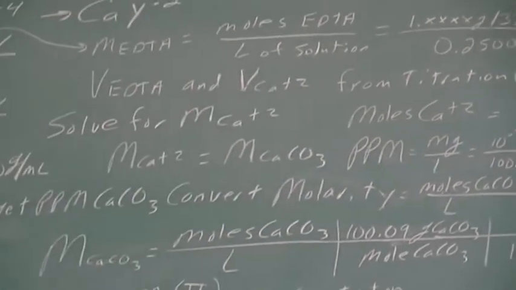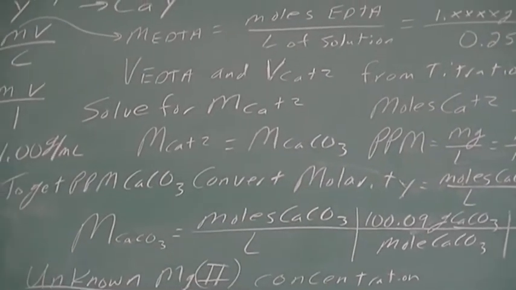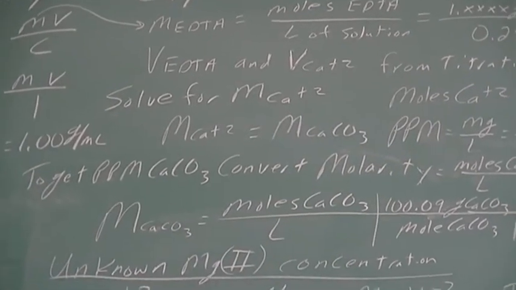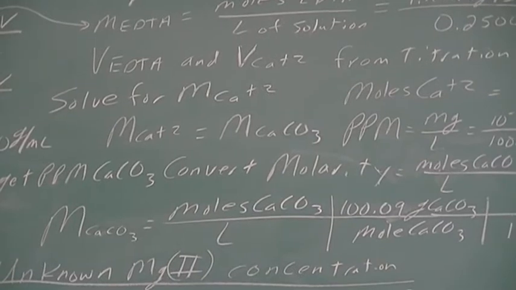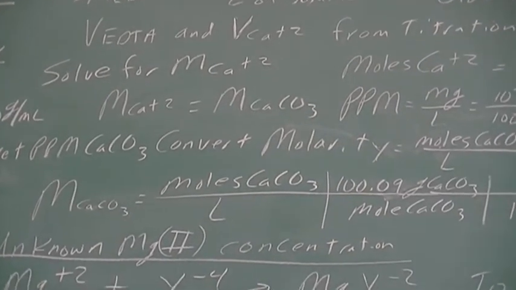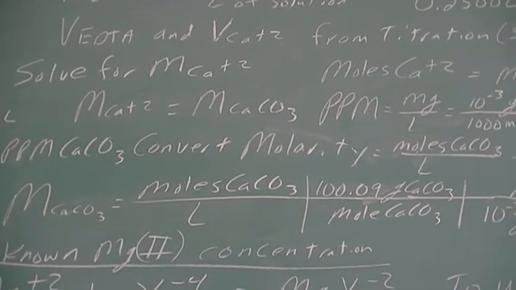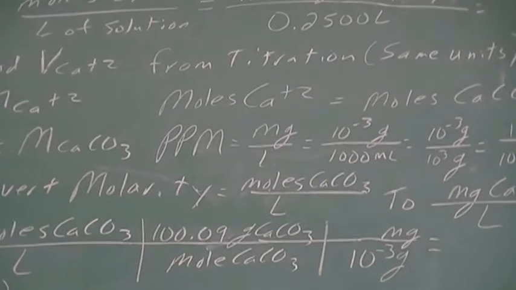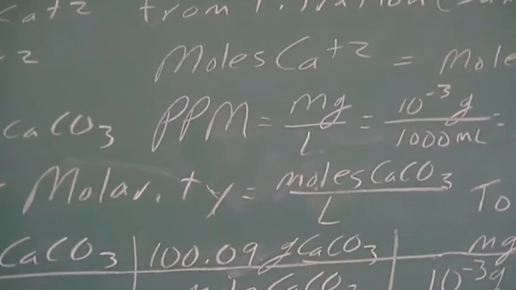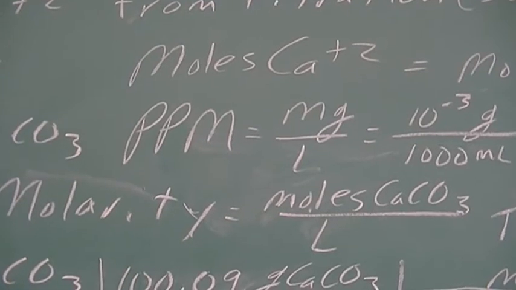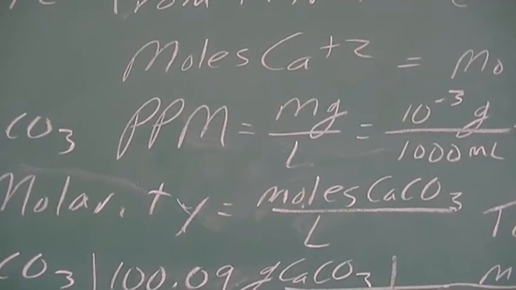And so if your moles of calcium plus 2 equal the moles of calcium carbonate, the molarity that you found for calcium plus 2 is also the molarity of your calcium carbonate. Now the question is to find the hardness in parts per million. So hardness in parts per million, ppm, has the units of milligrams per liter. And this is why it's called parts per million.